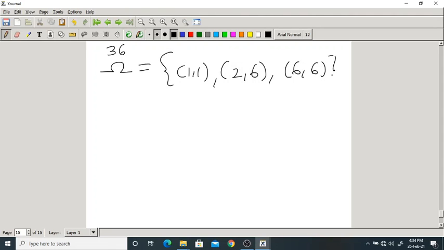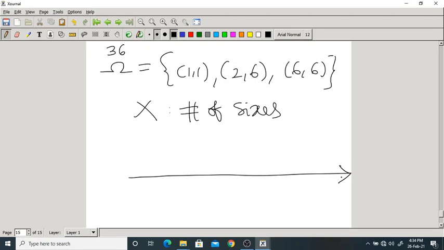Here the random variable is the number of sixes. For 1, 1, how many sixes are there? No sixes, so we get 0. For 2, 6, only 1. For 6, 6, there are 2. It is also a possible random variable because we could assign a real number to the outcome of an experiment.